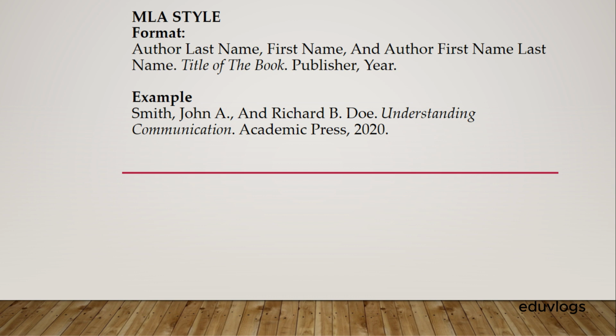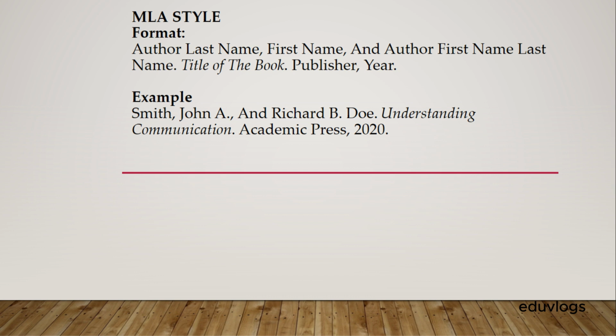Now remember that in APA style, after the surname, the next is usually the initials, and then the year. But in MLA style, the year is last, after the publisher. Now let us take a very good example, writing the example that we did in APA, in MLA now.